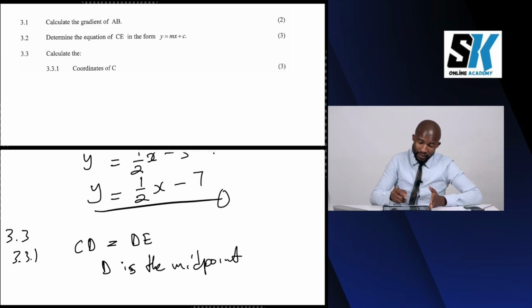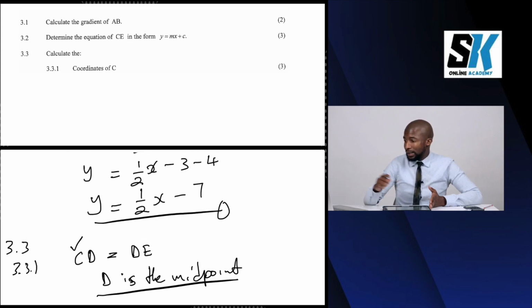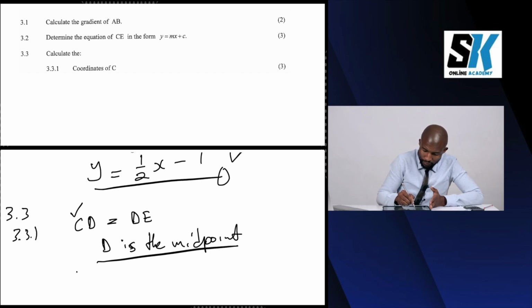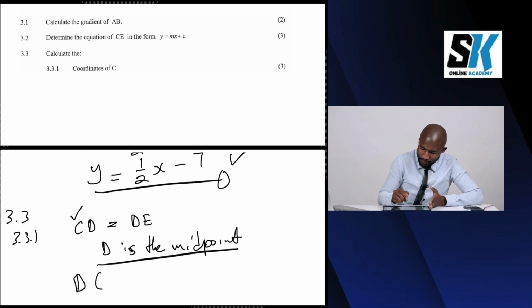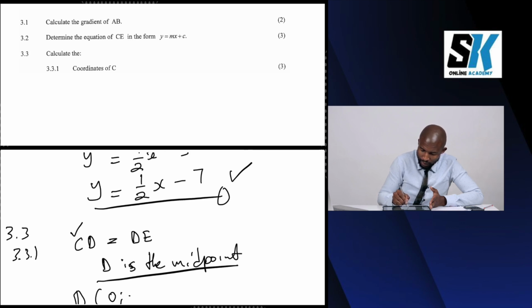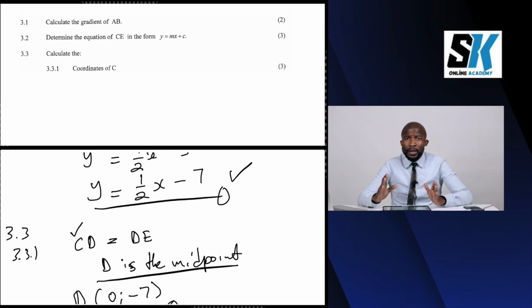So firstly, let's establish the coordinates of D, then we go and find the coordinates of C. D is the y-intercept on that line CE, which we just got the equation of. So the coordinates of D have to be (0; -7). And now we're going to use the midpoint formula to get the coordinates of C.